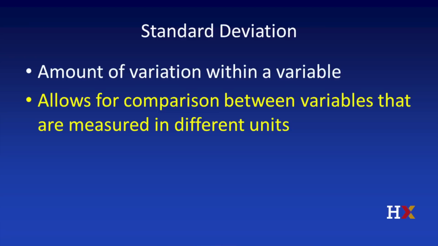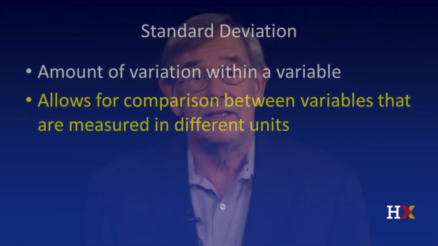So let's go back to height and weight. In this case, we measure height in feet and inches, and we measure weight in pounds and ounces. So it's hard to say, is this person tall for their weight, or is this person heavy for their height? But when you measure height and weight in standard deviations, you can figure this kind of thing out.